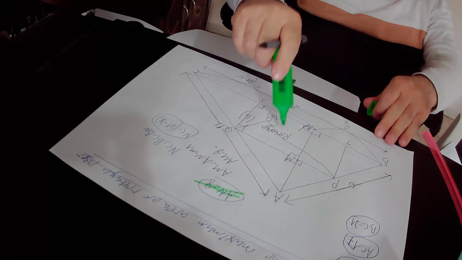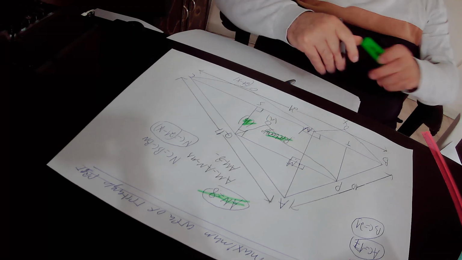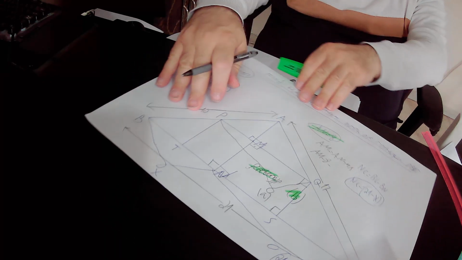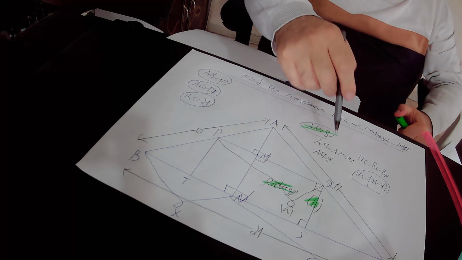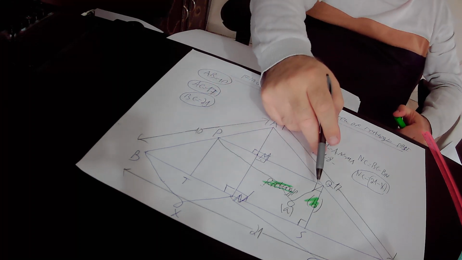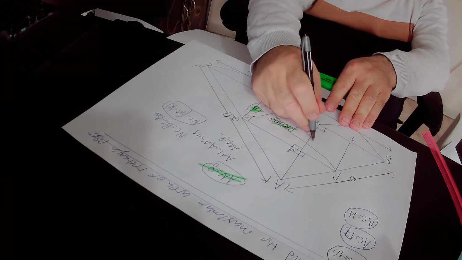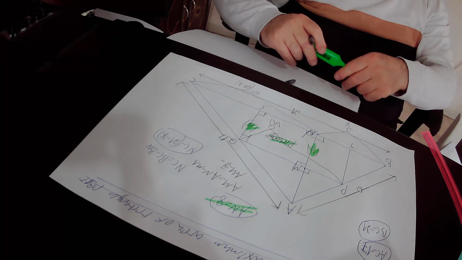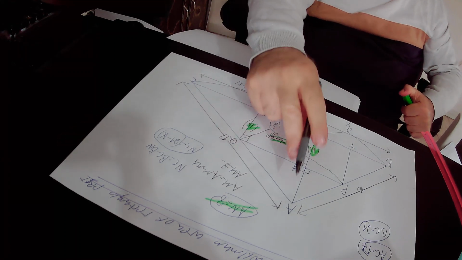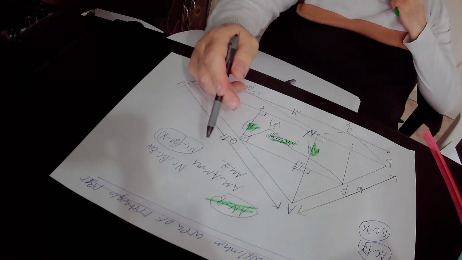But we also know that the opposite sides of a rectangle are equal to each other. So in this small rectangle MQSN, side QS equals the opposite side MN, but QS equals B, therefore MN must also equal B. We have already found out that this line segment AM equals AN minus MN.